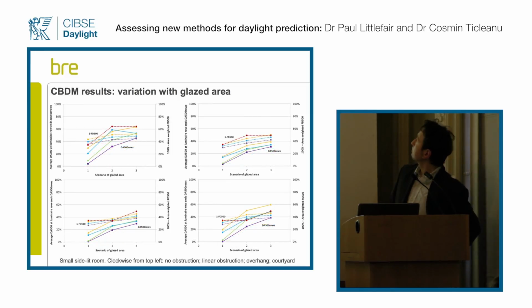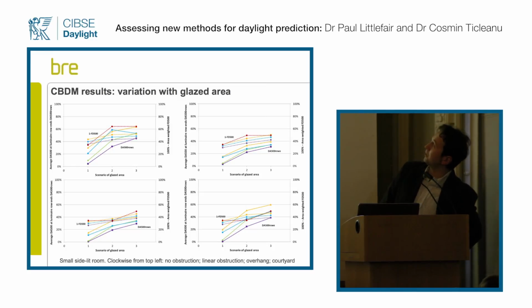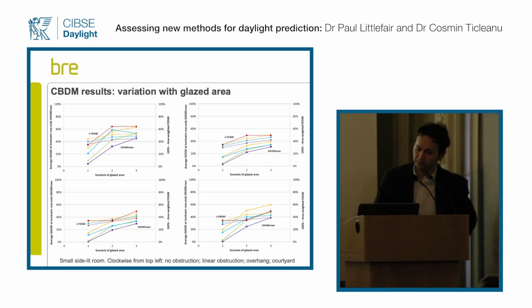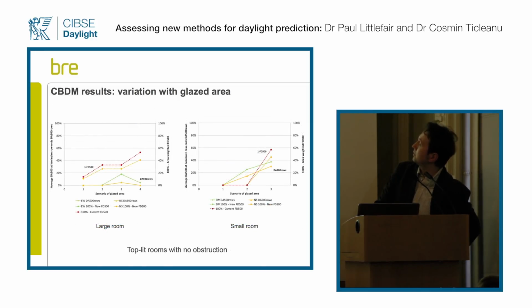And the same applies in the case of small rooms, where again you have small glazed, intermediate glazed, and large glazed areas. And this is for the top lit rooms as well. For large rooms, the same finding applies.